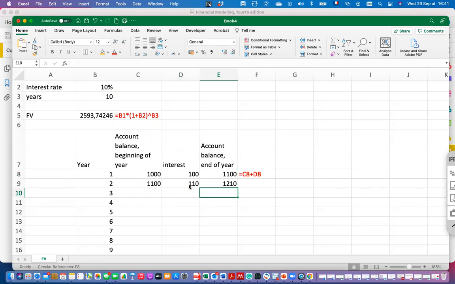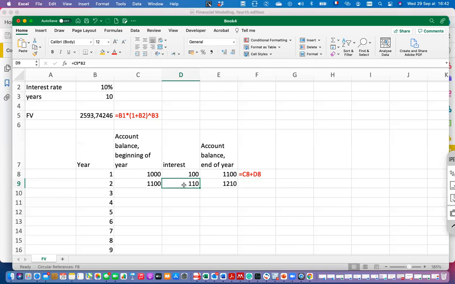So we will not redo all these steps for each year. So we should be able to scroll it down and then let Excel do the work for us, right? First, since the interest rate is fixed, is constant, you have to fix the cell of the interest rate.